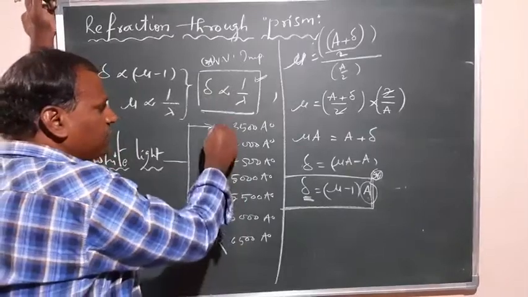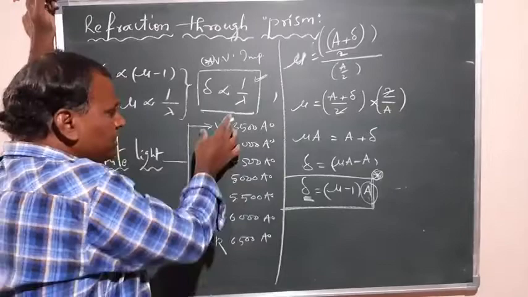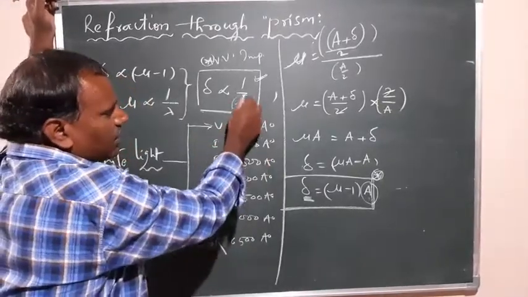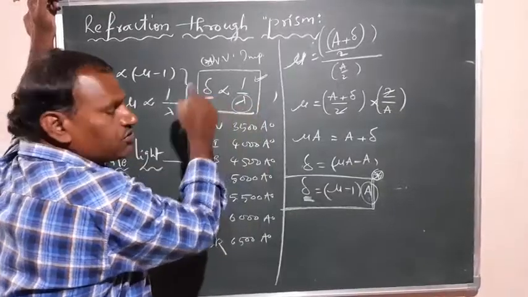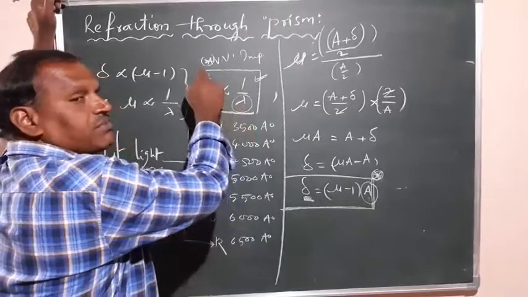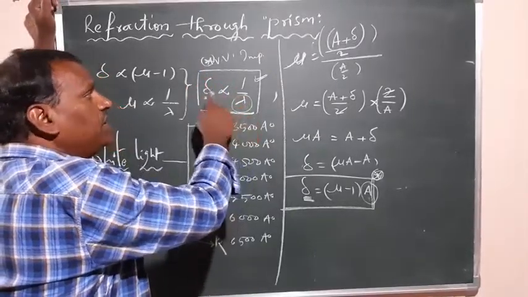So VIBGYOR: violet, indigo, blue, green, yellow, orange, red. These colors have different wavelengths, and when the wavelengths are different, the deviations are also different, right? If the wavelength is minimum, deviation is maximum, because they are inversely proportional. When the wavelength is maximum, deviation is minimum.